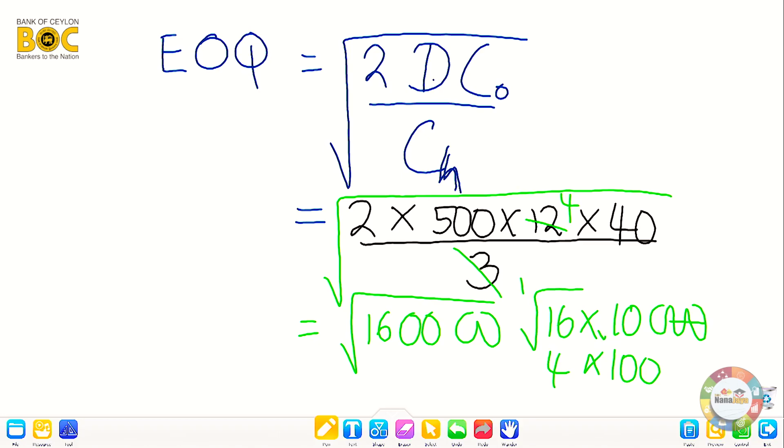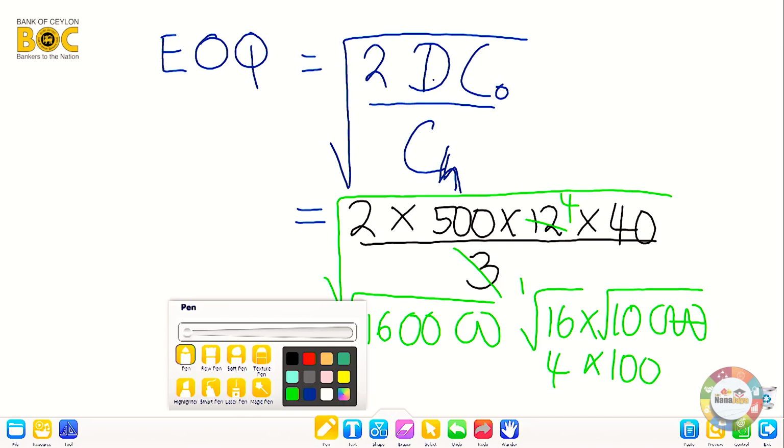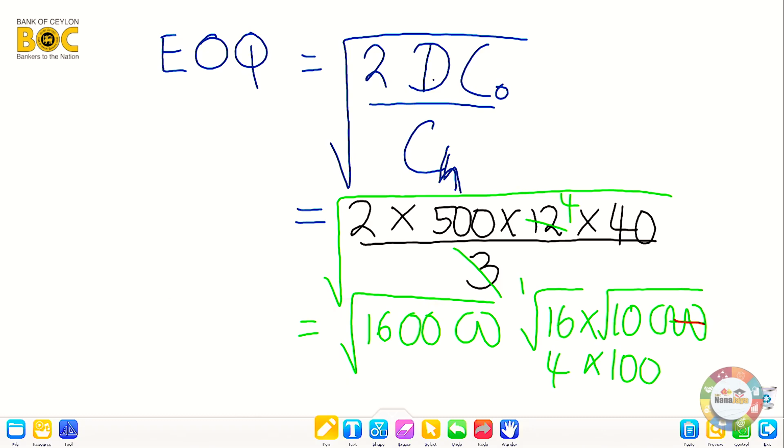You can separately calculate the square root of these two. The answer is 400 units.